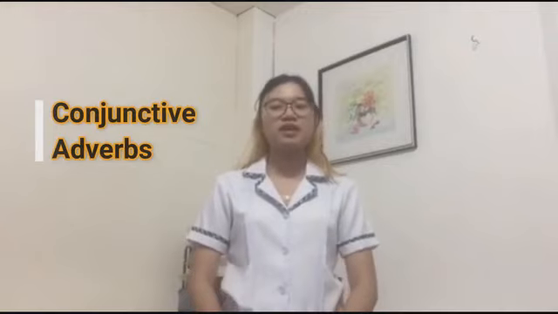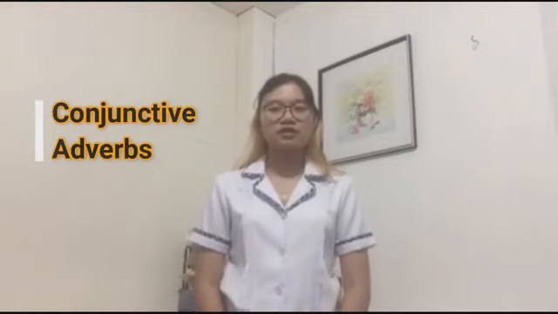Now, the last type of conjunction is called conjunctive adverbs. A conjunctive adverb connects two independent clauses or sentences. Typically, adverbs modify other words, be it verbs, adjectives, or other adverbs. Conjunctive adverbs, however, are used to modify two independent clauses and join them together, behaving more like coordinating conjunctions.